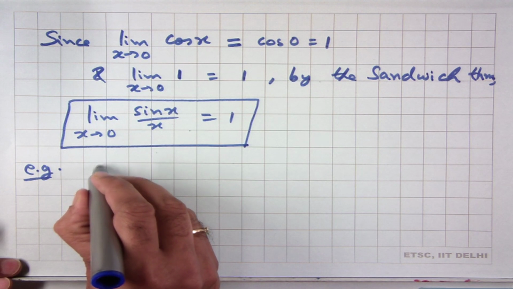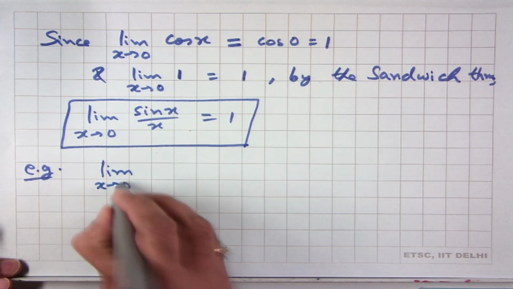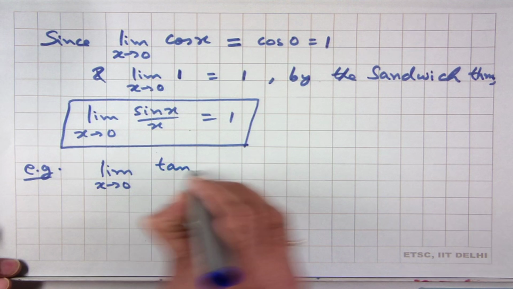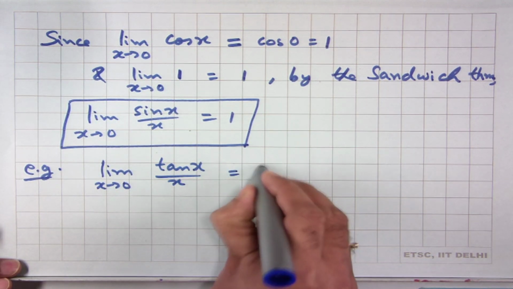So, one is, if I write limit of tan x by x, this is equal to what?